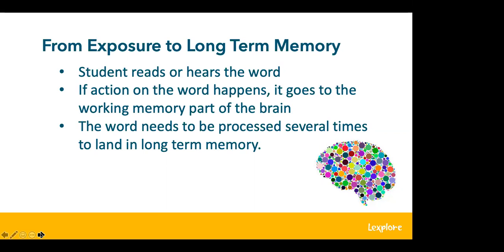Now, if there is an action taken, or several mental actions taken on it, like the word is highlighted for discussion or analysis, it goes into the working memory area of the brain. Here is where the word is processed with that prior knowledge, that background knowledge, for deeper understanding.